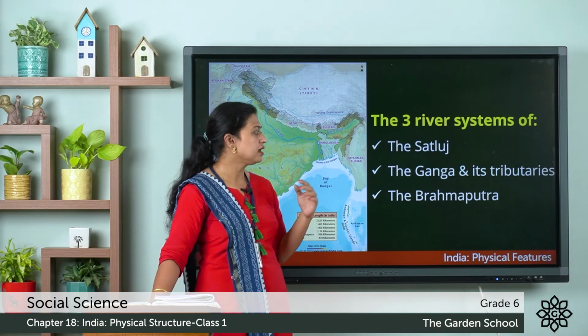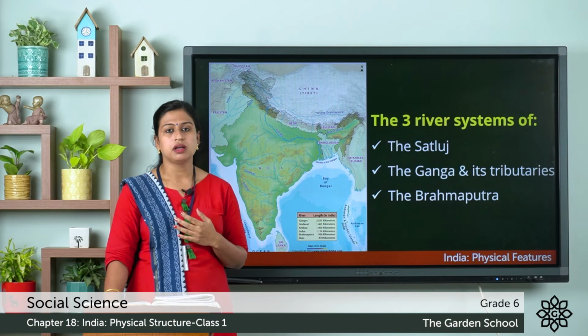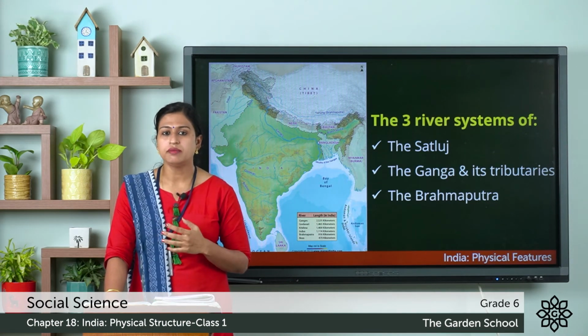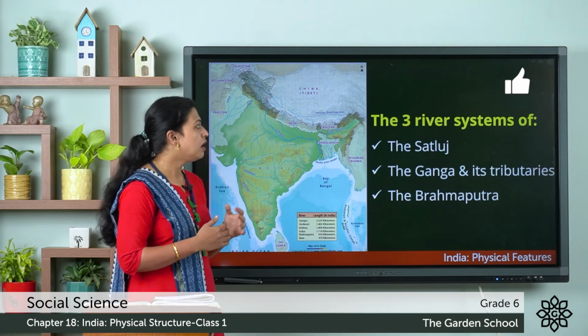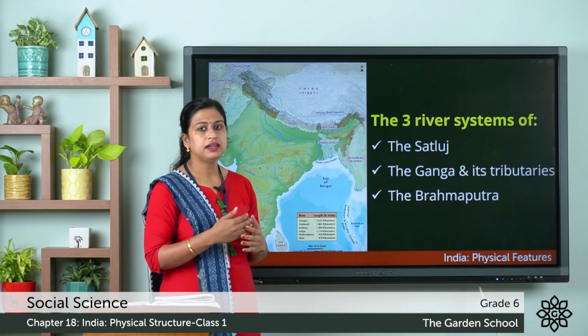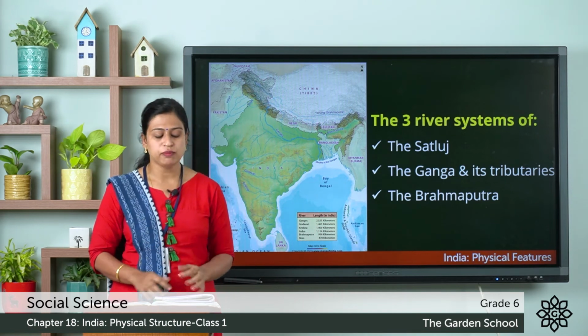Second one is the Ganga and its tributaries. The third one is the Brahmaputra. Here a tributary is a stream that joins a bigger river and becomes a part of it. So the three river systems in the northern plains are the Satluj, the Ganga and its tributaries, and the Brahmaputra. So let's discuss them one by one.